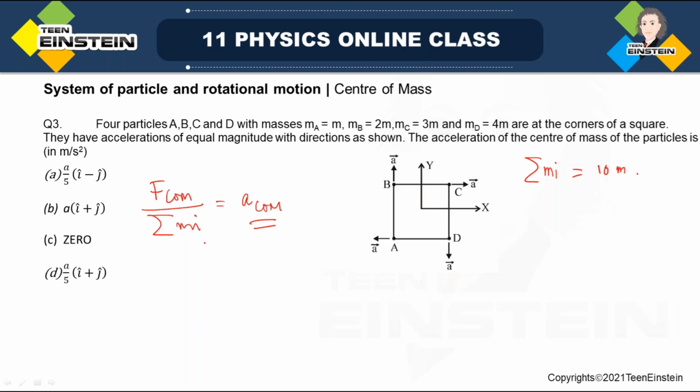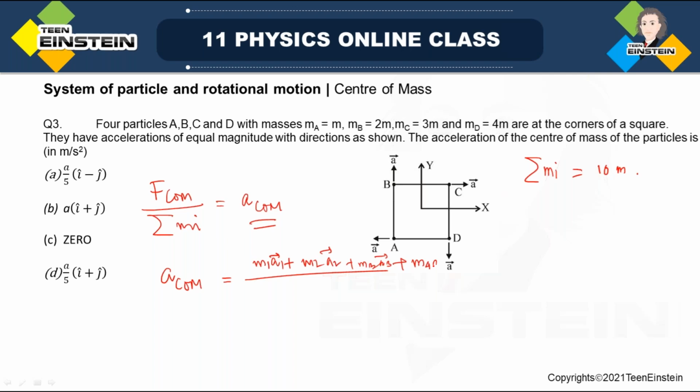Okay, so how do you do that? See, then let us find out the acceleration of the center of mass, a COM. We'll write m1 a1 with a particular sign, m1 a1, m2 a2, with a particular sign, that's why I'm giving the vector. There are four particles, right?